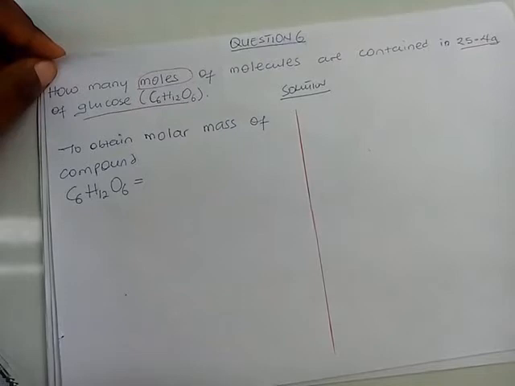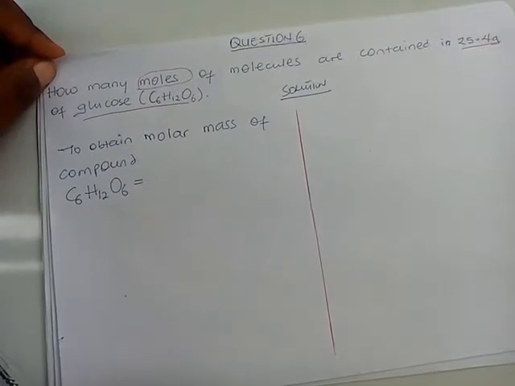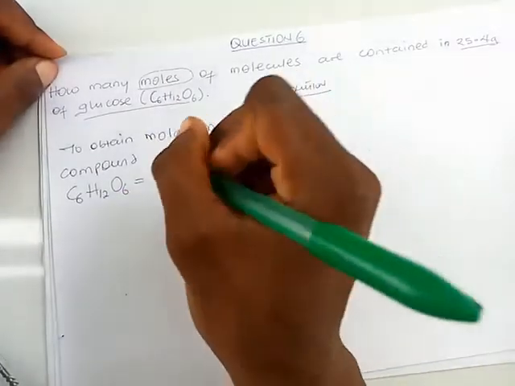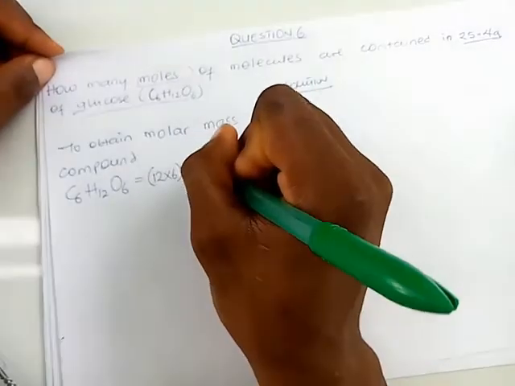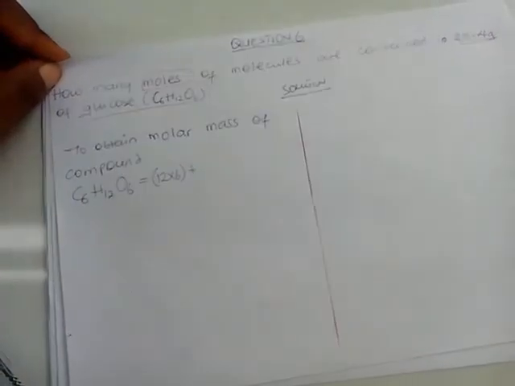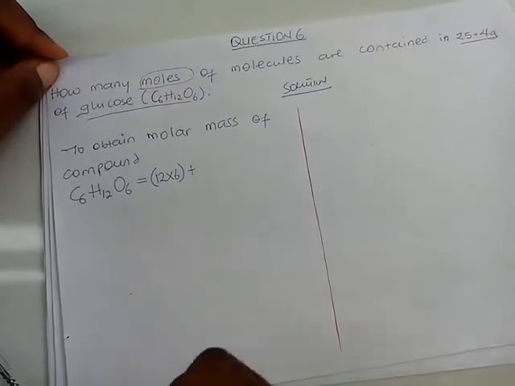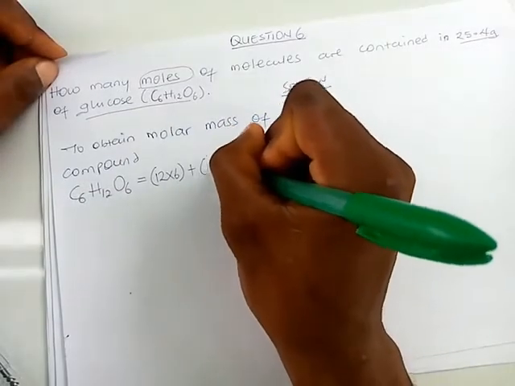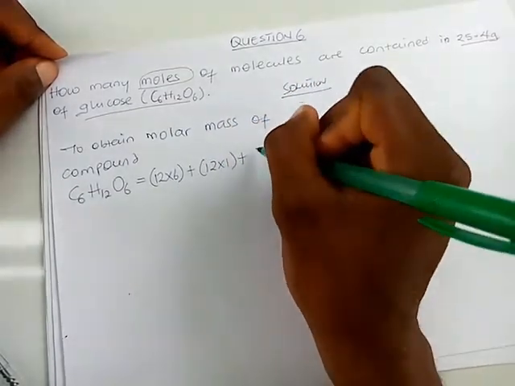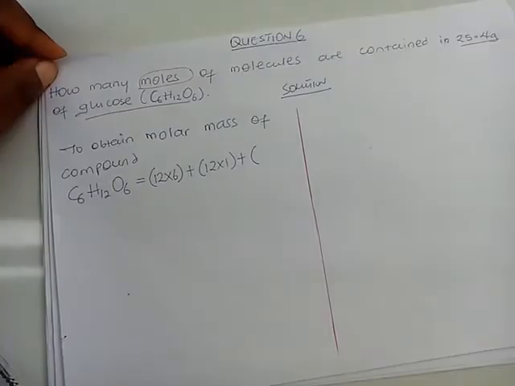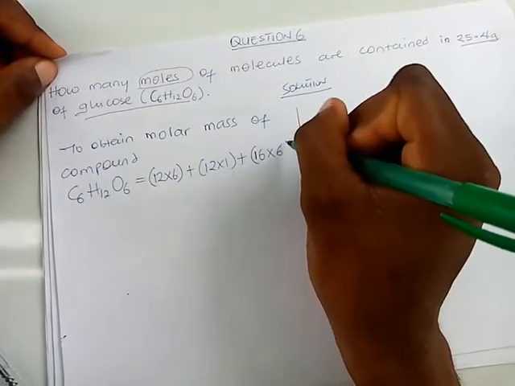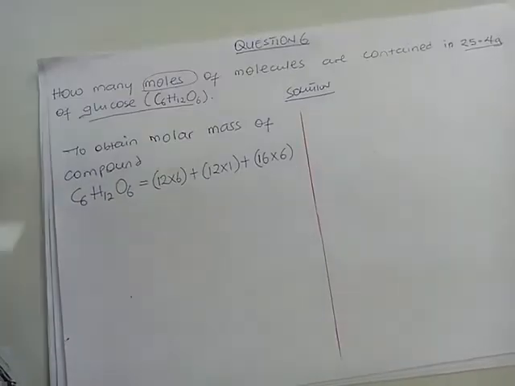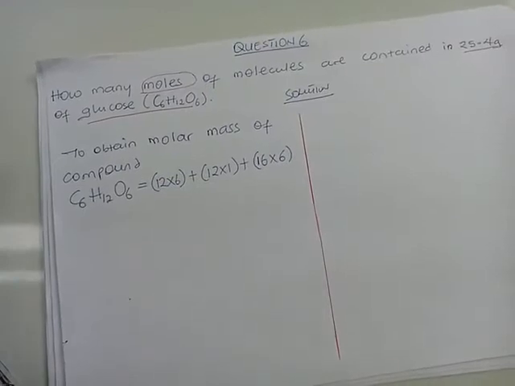The next thing we need to obtain is the relative atomic mass of each of them. For carbon, the relative atomic mass is 12, so we have 12 times 6. For hydrogen, the relative atomic mass is 1, therefore we have 12 times 1. Then for oxygen, it is 16, so we have 16 times 6. When we add all of these together, we obtain the molar mass of this compound.